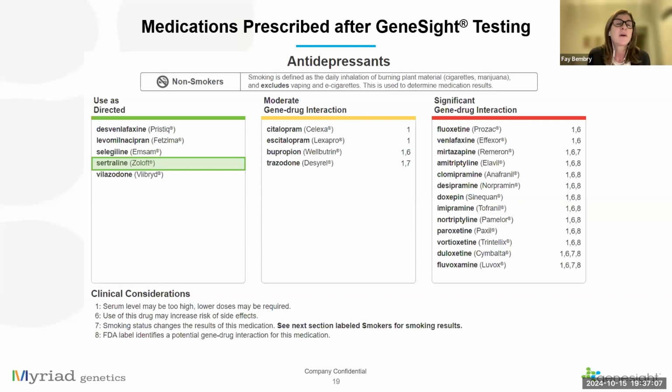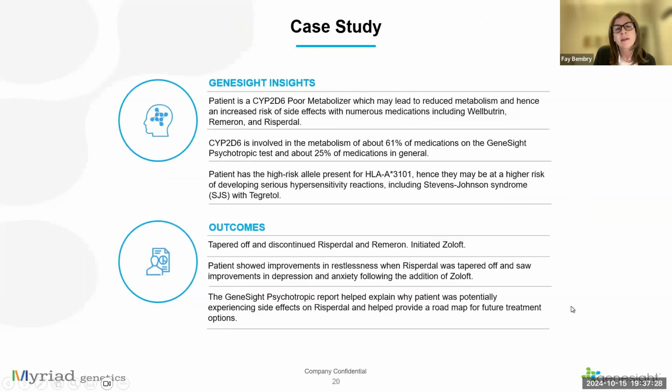In her case, she had never been on sertraline as far as we knew. So we discussed that, and that was in the use as directed column. Also, desvenlafaxine, as with the previous case study, was in the use as directed column. Okay, well, I think we can head on to the next slide.